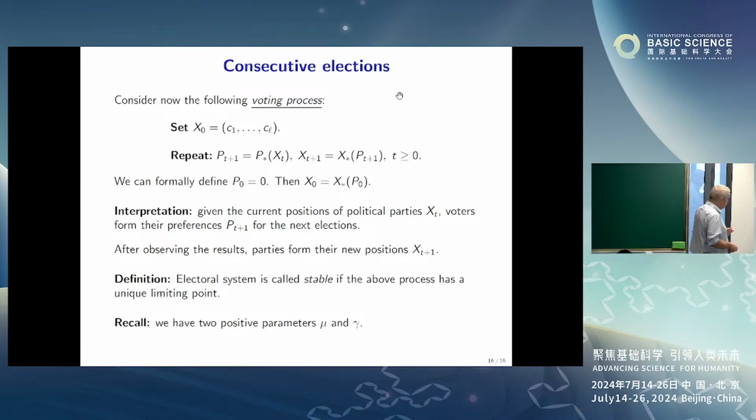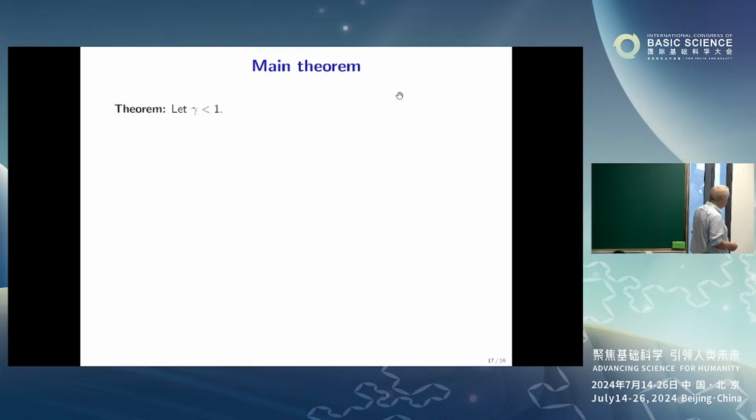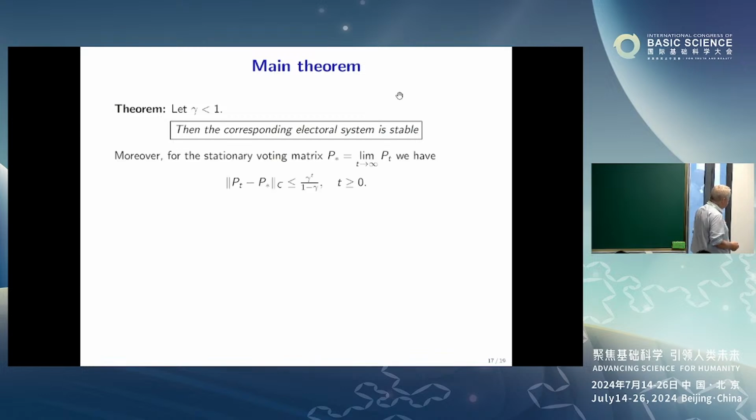Note that there are two parameters. The volatility, the level of conservativity, is gamma. It's smaller than one. Moreover, this process converges very fast, with a linear rate of convergence.